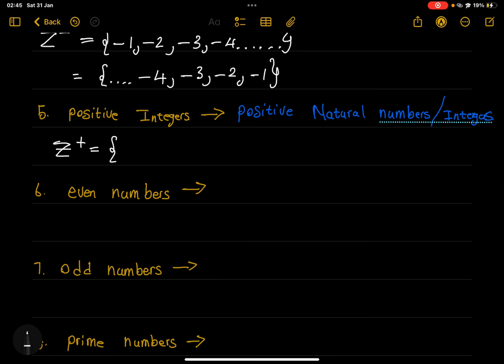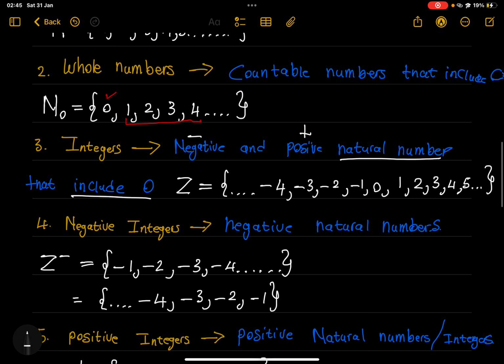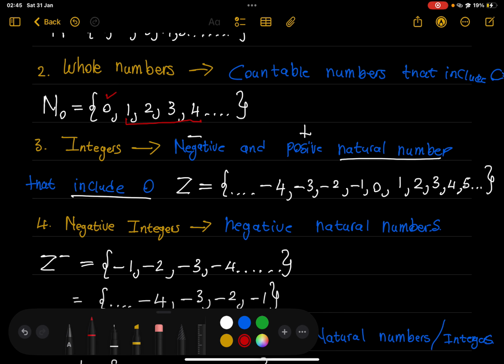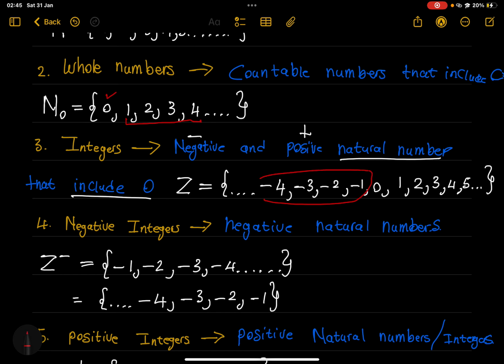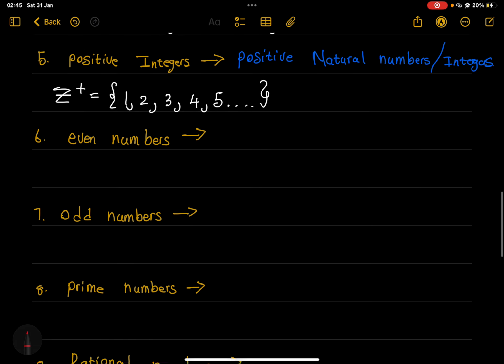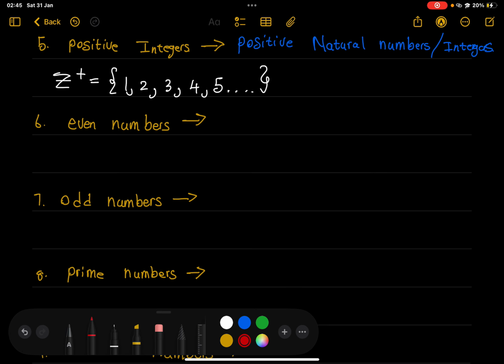Since it is positive integers, we are going to have 1, 2, 3, 4, 5, and so on. We cannot include the negative integers and also 0 because they are not positive. We start from 1 going up. That is why we call them positive integers.